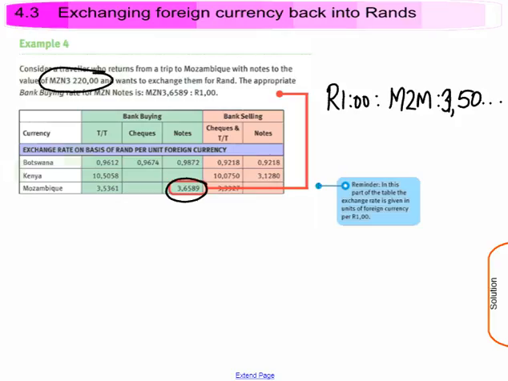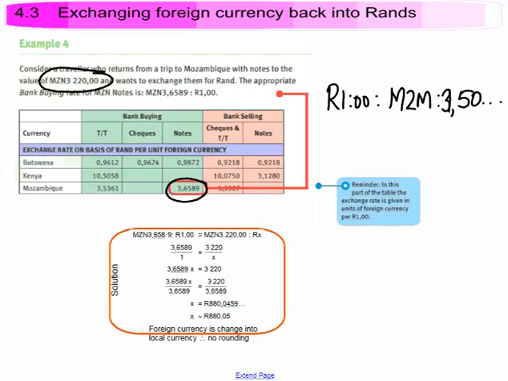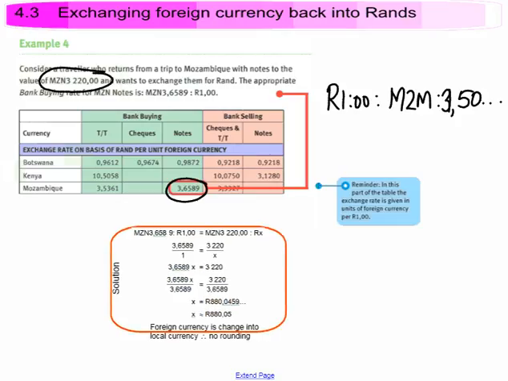So again, we are going to use ratio. 3,6589 meticals to 1 rand equals, you set up your equation and turn it into a fraction. And over here, when we work it out, I hope by now that you know how to use ratio.